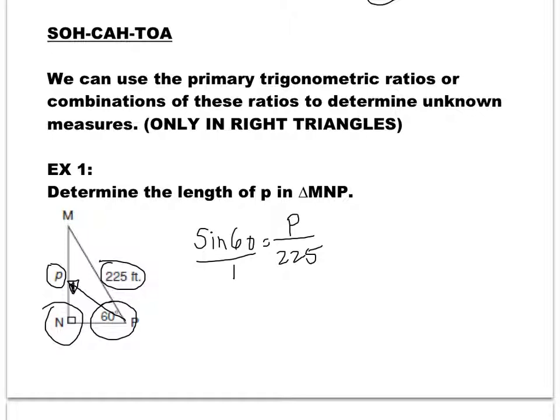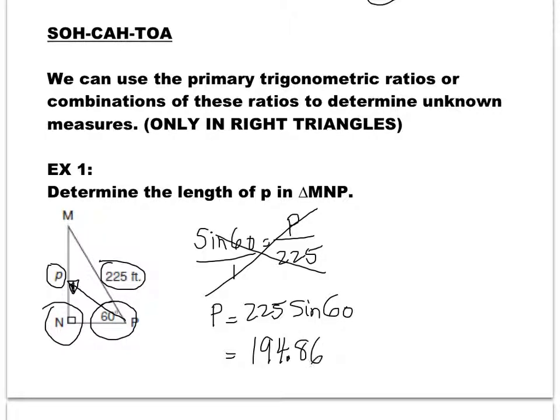Looking at these equivalent ratios, I can use crisscross or cross multiplication, and I can multiply these two and these two, and then solve the equation for P. So I can say P times 1 is P is equal to 225 sine 60. Using your calculator, making sure that the mode is set to degrees, if you evaluate this expression, you will find that P is about 194.86 feet.